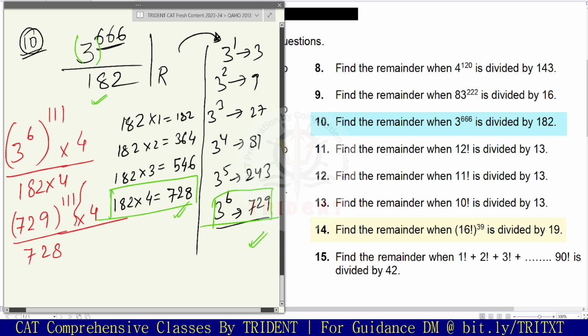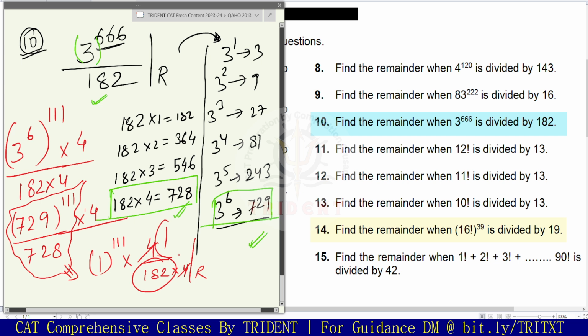Now this part, my dear friends, is equal to 1 raised to the power 111, and please remember 4 by 728. Just a second, hold on. This is as good as 182 into 4. This is the remainder because I'm just separating the two. 4 and 4 cancel. 182, the numerator, is a much lesser quantity than 188. So the ultimate remainder is 1 and not 4.